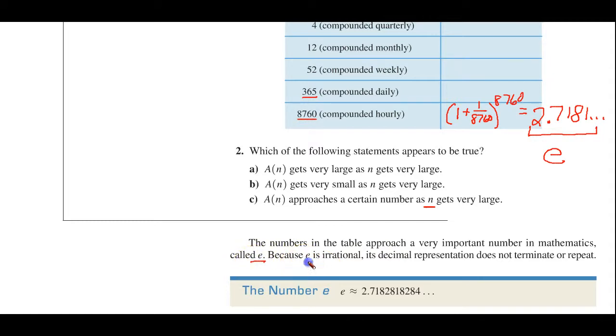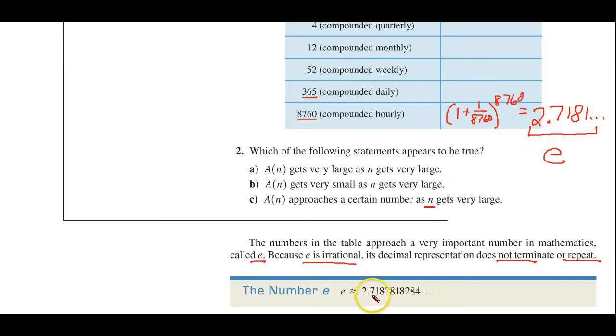And because e is irrational, its decimal representation does not terminate or repeat. It is an irrational number. And approximating it to about 4 decimal places is this.